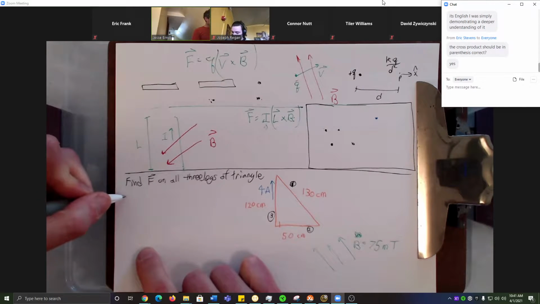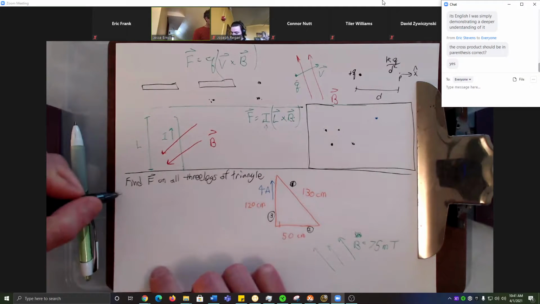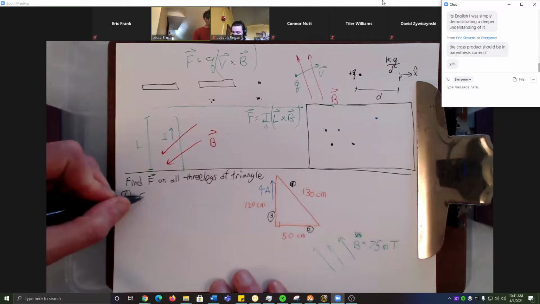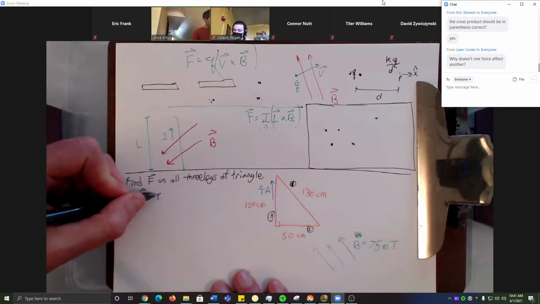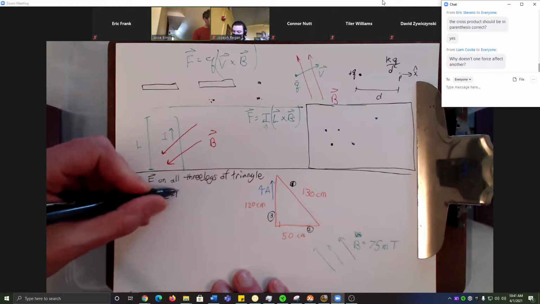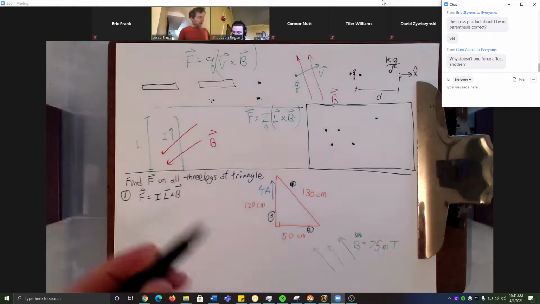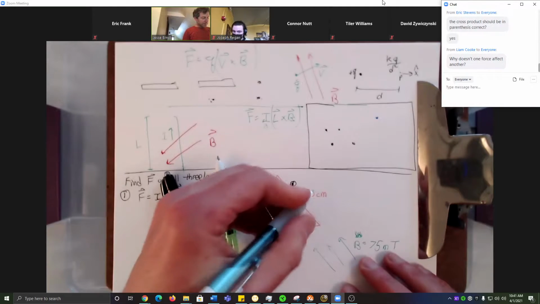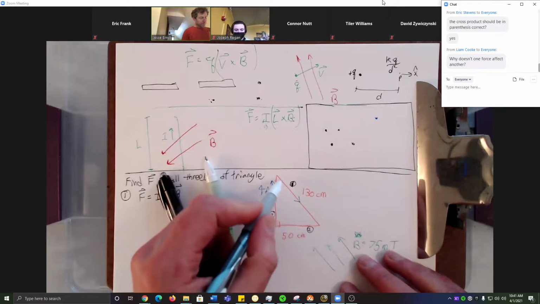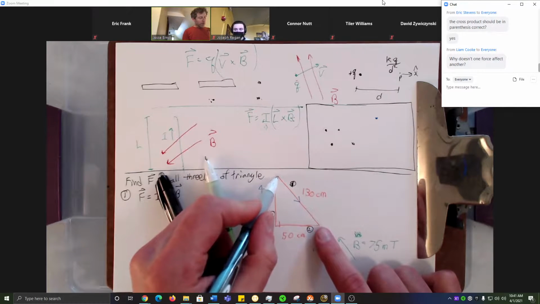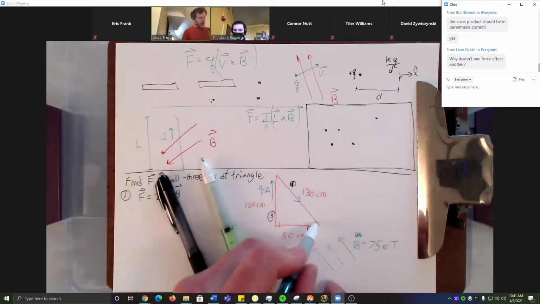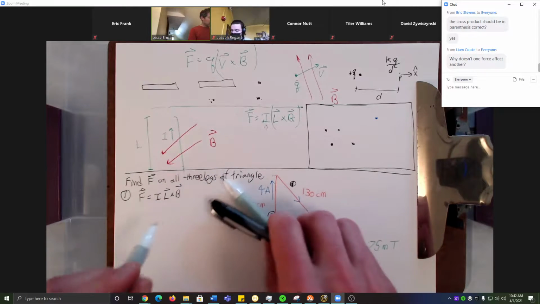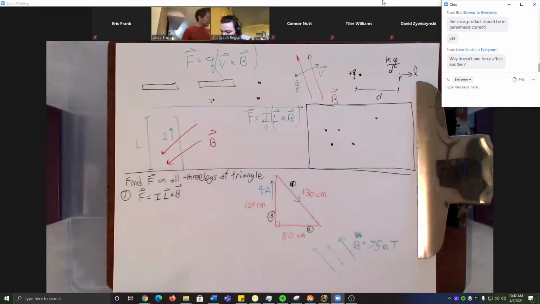Okay, so for leg 1, this one's going to be easy. The force on leg 1 is going to be I times L vector cross B vector. The current is going this way. So you have a wire of 1.3 meters with L going this way, B going that way. So in this case, L and B are opposite to each other.